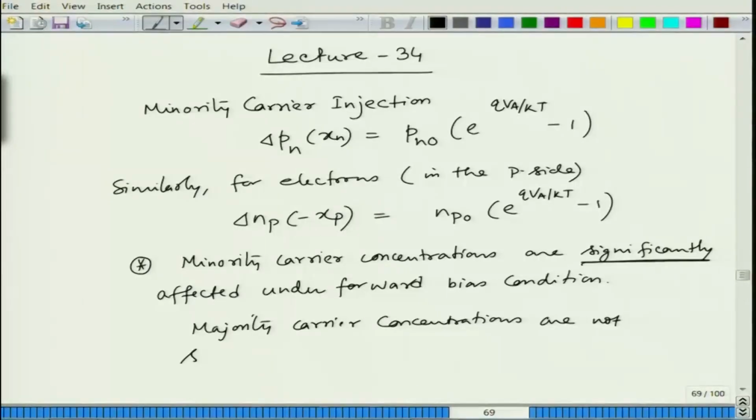Due to bias, the same amount of holes go from the p side to the N side, and there the minority carrier holes are significantly affected, but the majority carrier concentrations are not significantly affected, because the carrier concentration itself was higher to start with, and that is why a little bit of decrease does not matter.